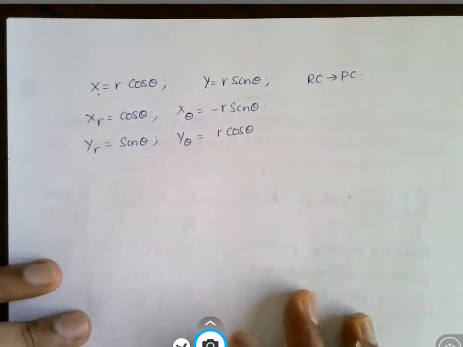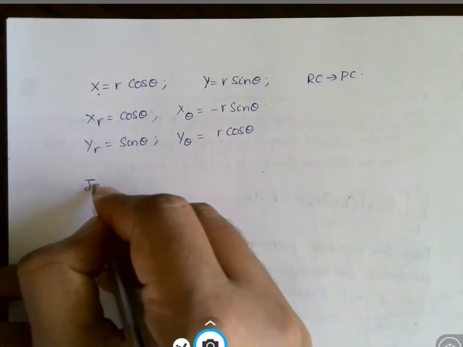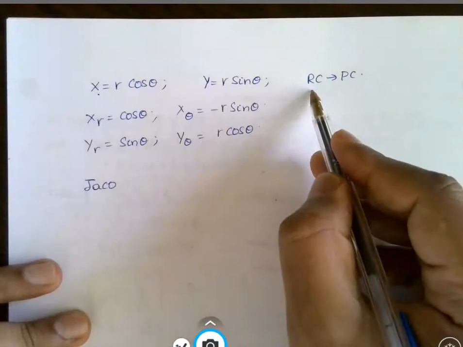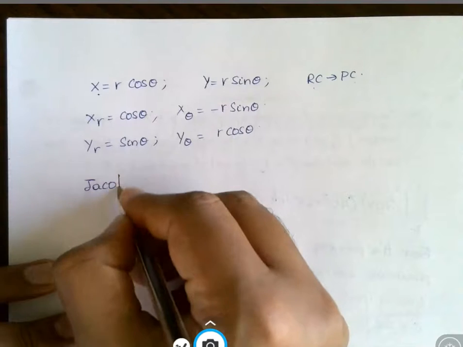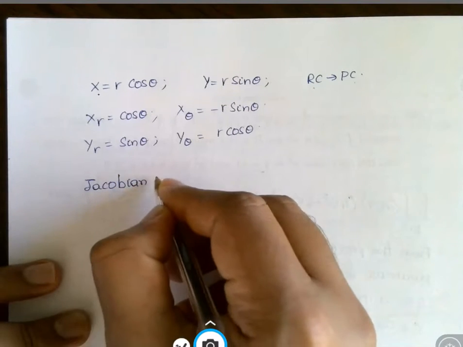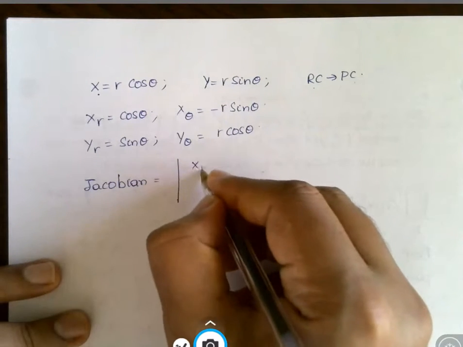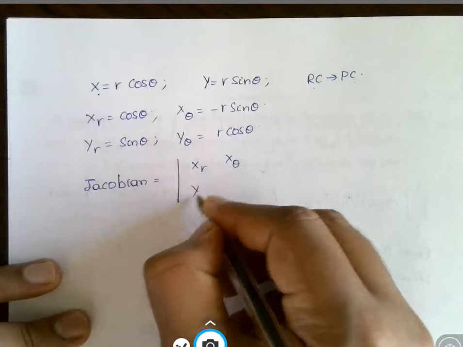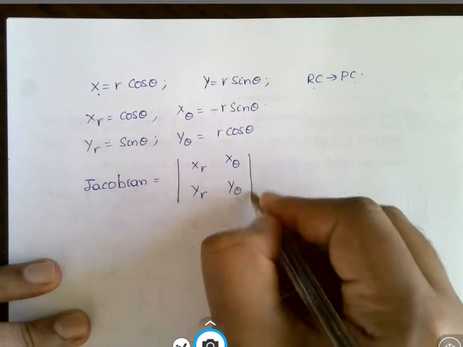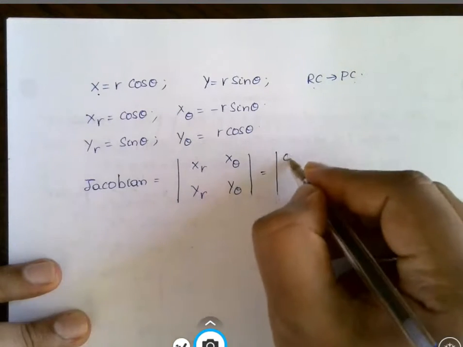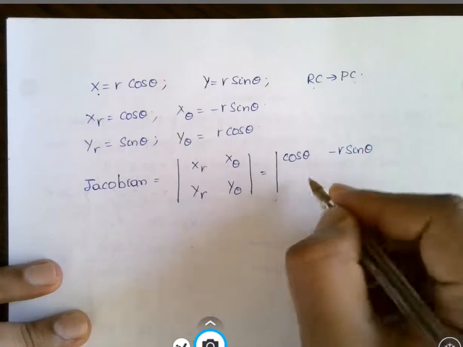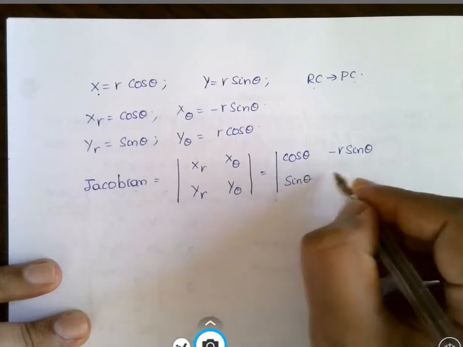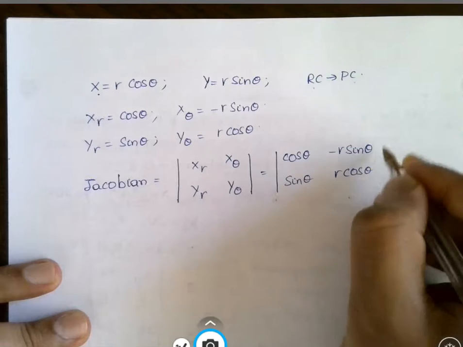So then you want to find the Jacobian, because you want to move from rectangular to polar. The Jacobian is nothing but the determinant of x_r, x_theta, y_r, y_theta. So that's the determinant of cosine theta, minus r sine theta, sine theta, r cosine theta, alright?